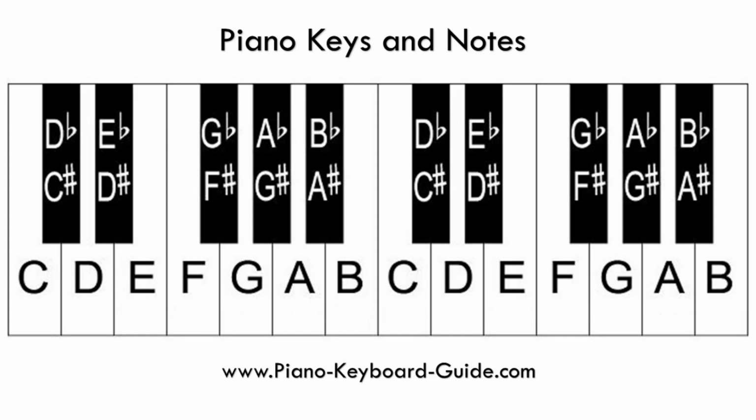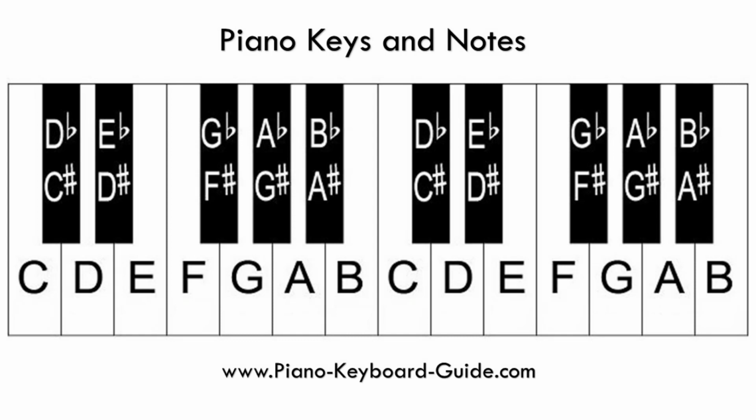Then we move to F sharp or G flat, G sharp or A flat, and lastly A sharp or B flat. As is the case with the white piano keys, the pattern keeps repeating. After B flat, the next black key plays C sharp or D flat, D sharp or E flat, and so on.